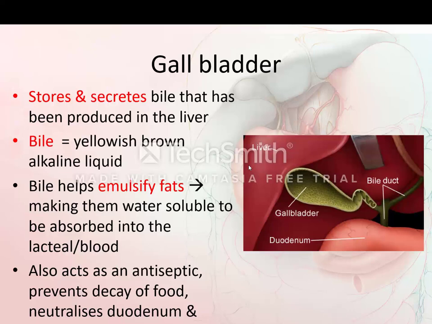So it's made by the liver, and then it goes and stores in the gallbladder, and the gallbladder sends it through the bile duct into the small intestine. Okay, so where the liver is involved here, that is through making bile, and the gallbladder then stores that bile that has been made.